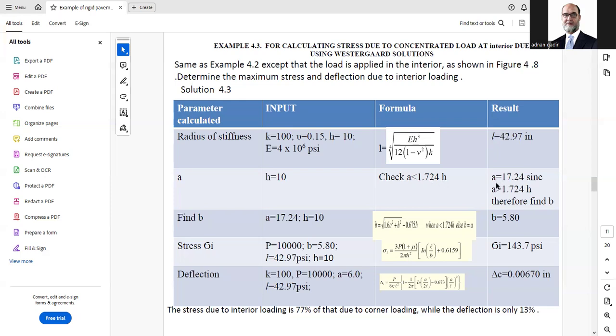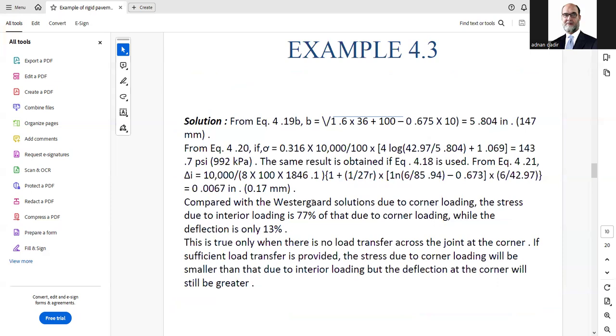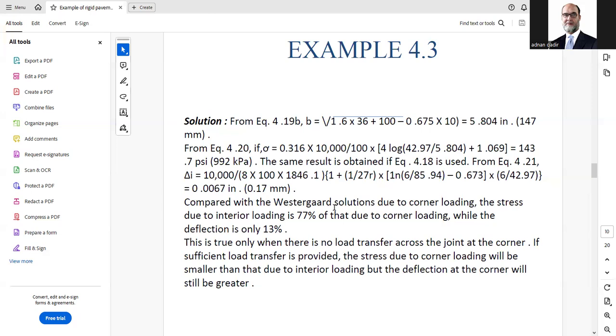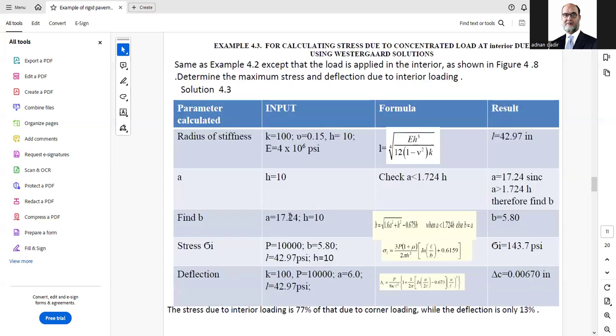So since 1.724 H is 17.24, we have to find whether A is greater than that. The value of A that was given to us was, I think, 20 inches.